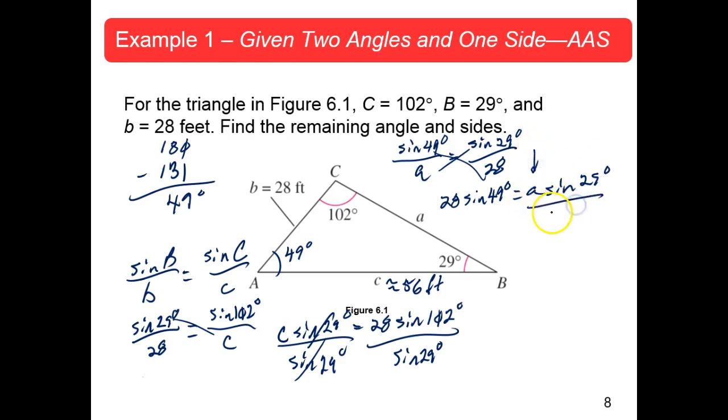A, so divide both sides by sine of 29 degrees. That's going to wipe them out of this side, and you get A equal to 28 times the sine of 49 divided by the sine of 29.